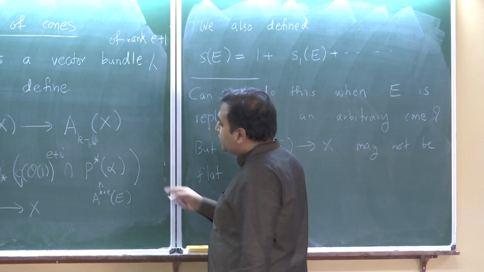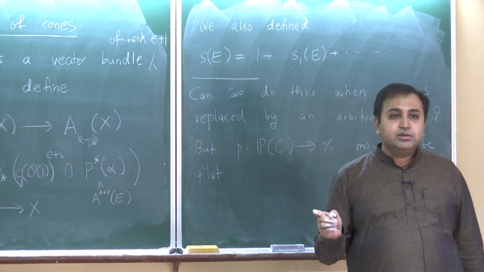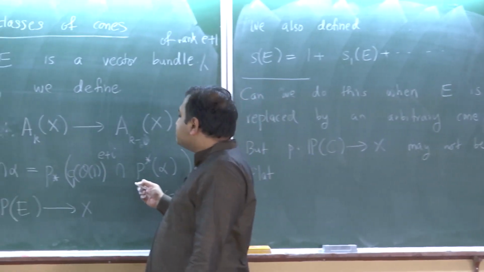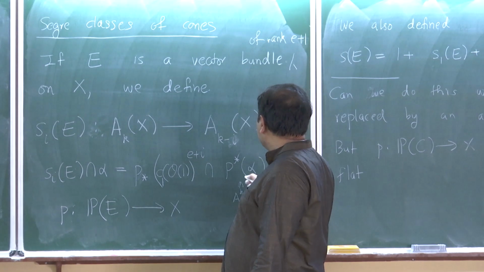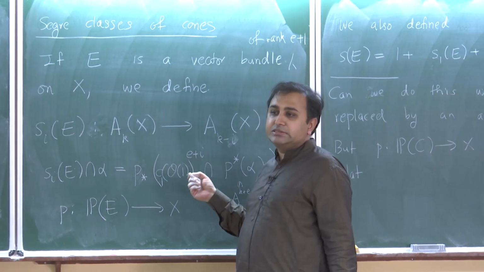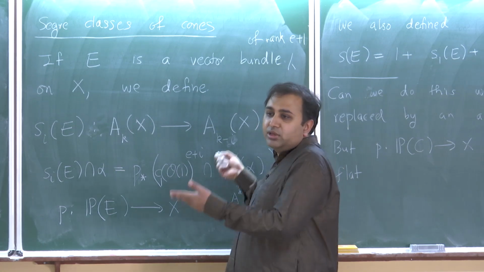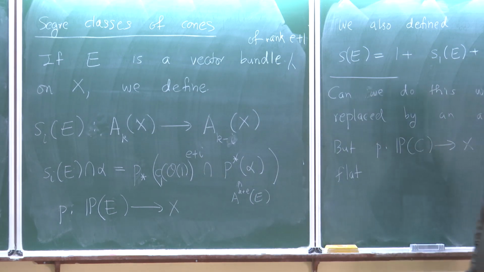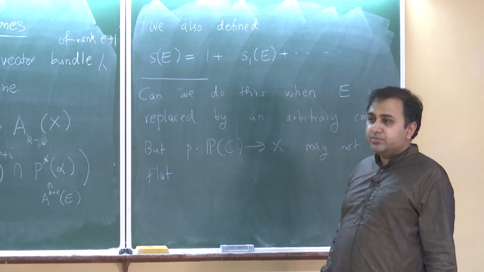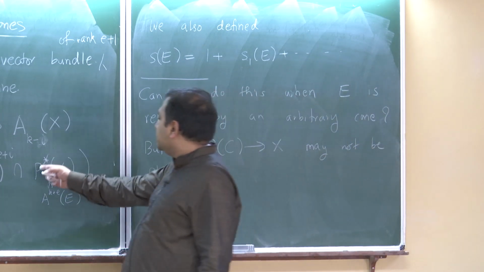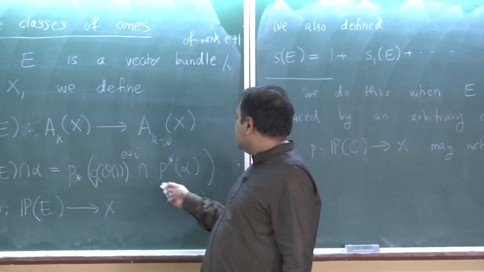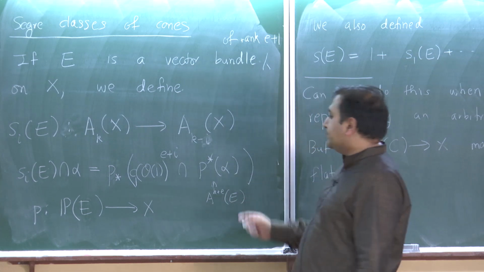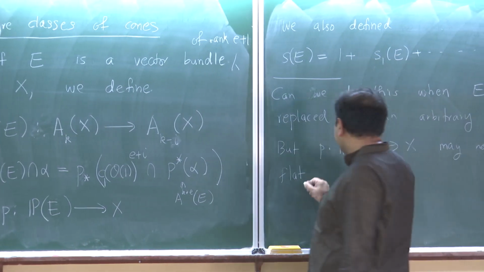So instead of taking an arbitrary alpha, we will take the fundamental class of X. We can't pull back, but the fundamental class of P(C) is an appropriate replacement. So instead of p upper star alpha, I could just write the fundamental class of P(C).